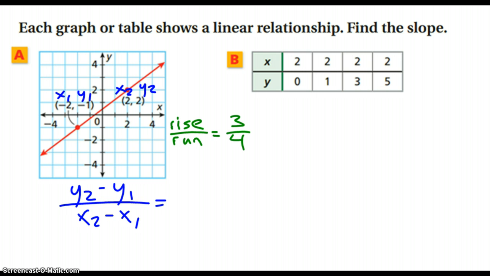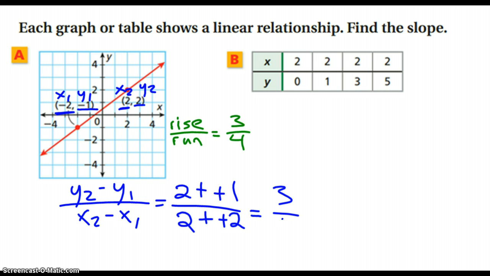And we will get, so we're going to do y2, which is 2, minus y1, which is negative 1, and then x2, which is 2, minus x1. See that whether you do it rise over run or you do it using the slope formula, you're going to find it either way, and it'll come out the same.